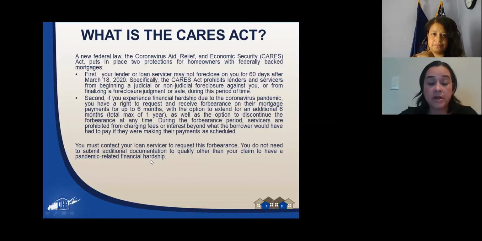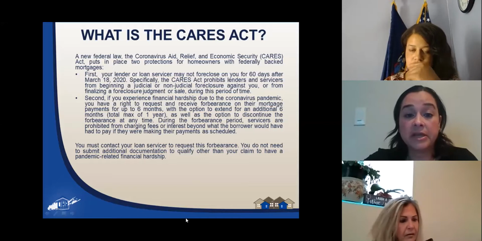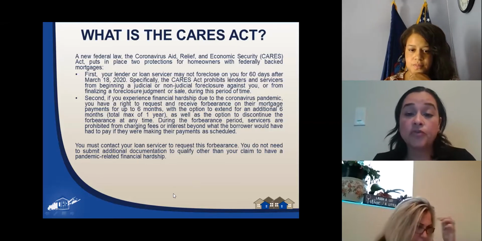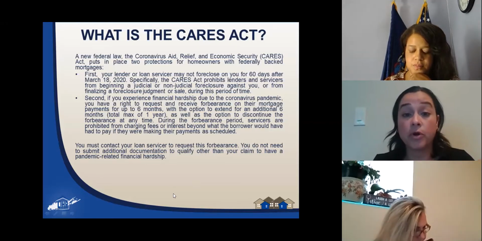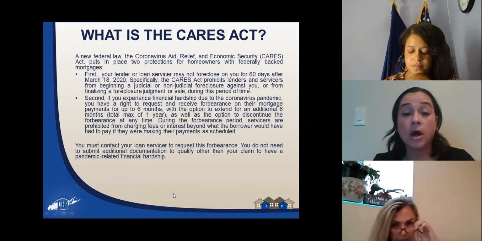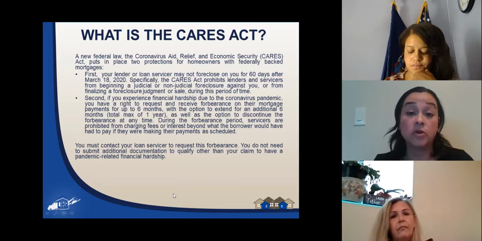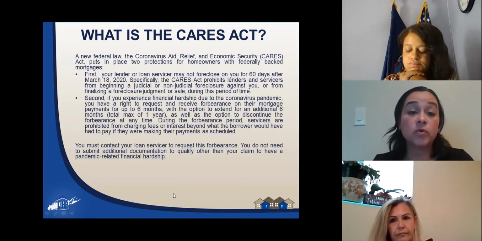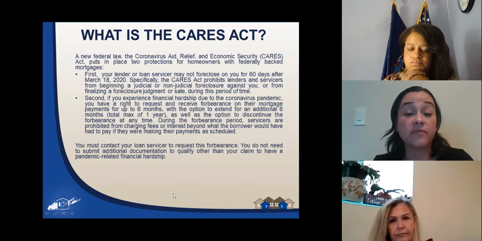All right. So this is what the CARES Act is. When it was first implemented, it started to provide some relief for homeowners in general who were laid off, furloughed, or business owners who had to close down their businesses. It was a new law, the Coronavirus Aid, Relief, and Economic Security Act, which is where CARES comes from.